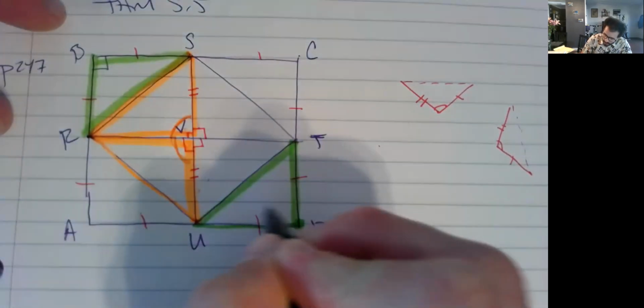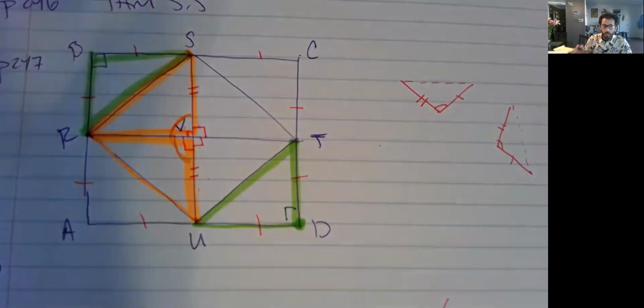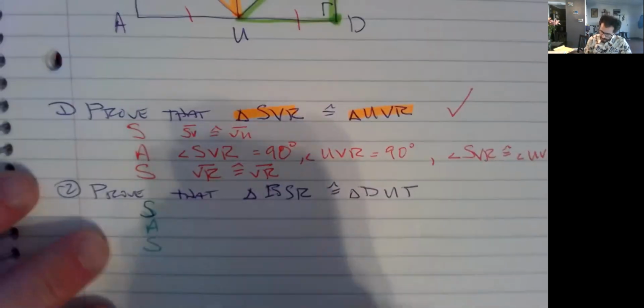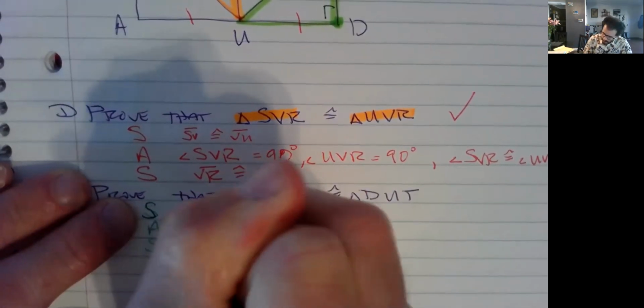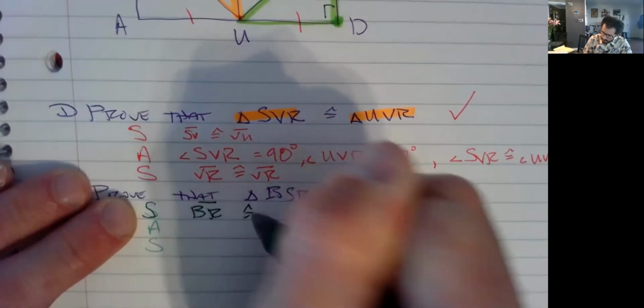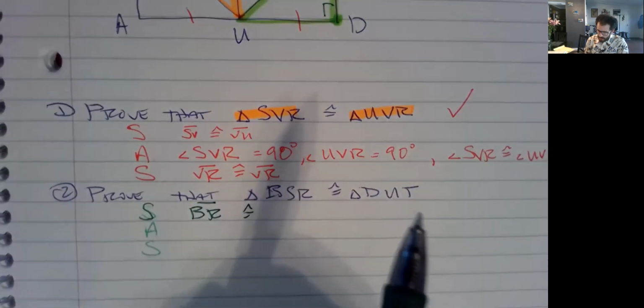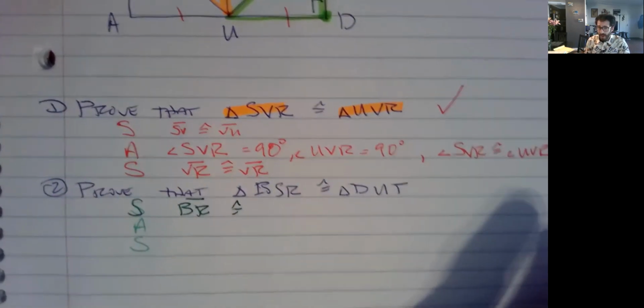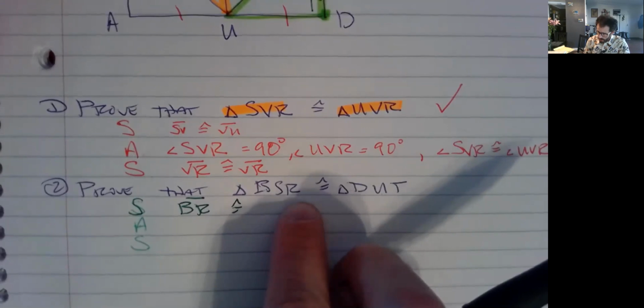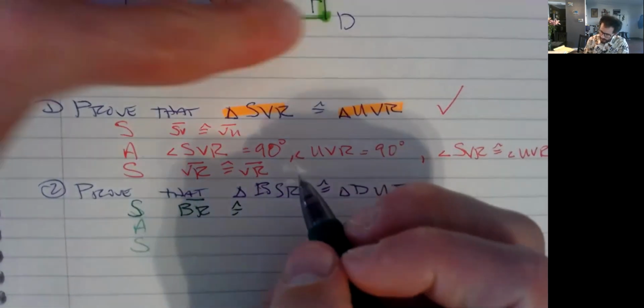So then we do know this. So let's see what we can say. We can say that side BR is congruent to side, let's see, they said BSR. Remember I said order mattered, so BSR, I said BR, so side DT.